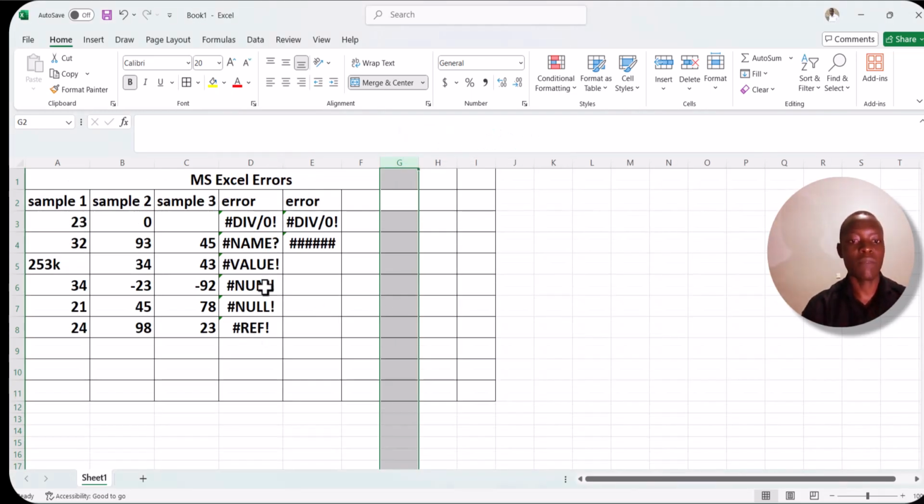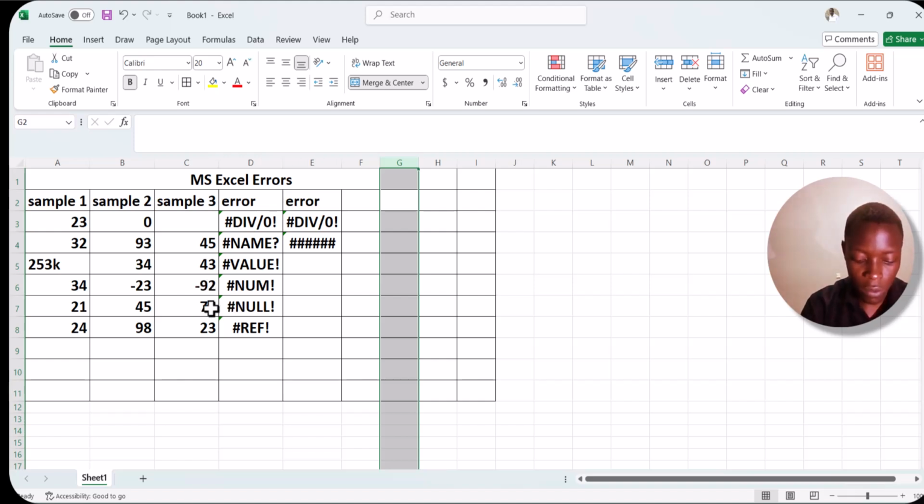So basically, these are the basic errors as per Microsoft Excel. #DIV/0! when you divide by 0, and #DIV/0! when you attempt to divide by an empty cell. #NAME when you have a typing error in your formula. Hashtag errors when the value is too big to fit into the cell. #VALUE when you have mixed numbers and letters. #NUM when you have tried an invalid numeric calculation.